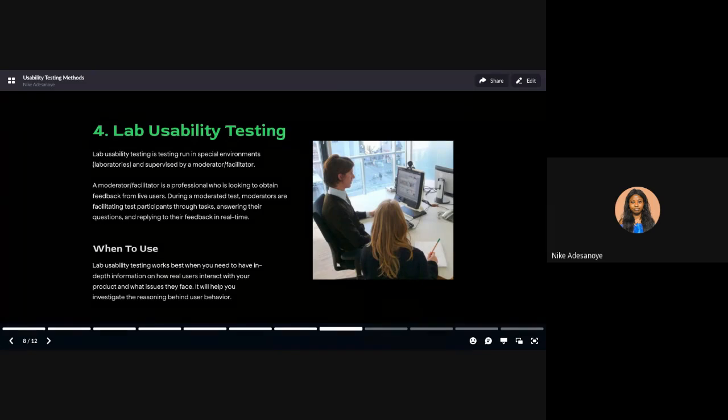So you have the moderator. The moderator is the person who can be you, right? But for an advanced company, you have moderators that actually conduct these things. You have your users or your target audience, who you are going to be testing with, and you also have your device itself. In this environment, you have all these things in place.